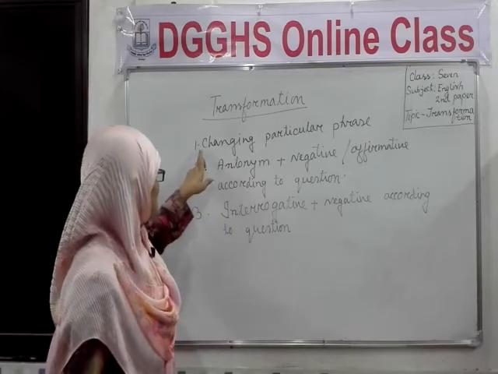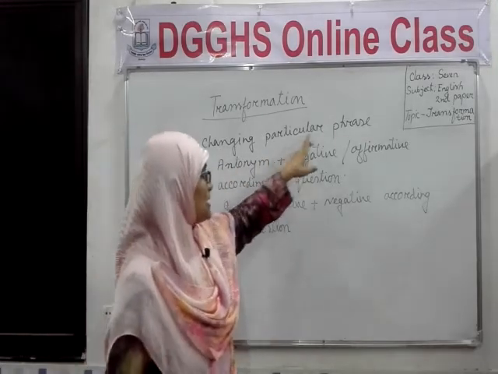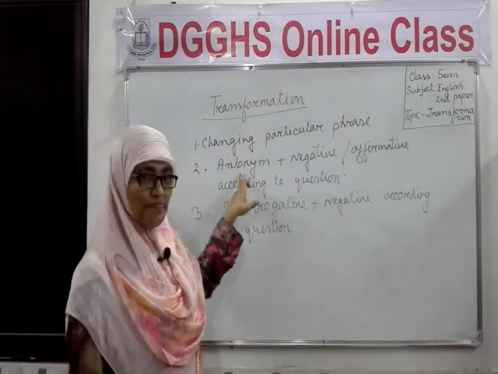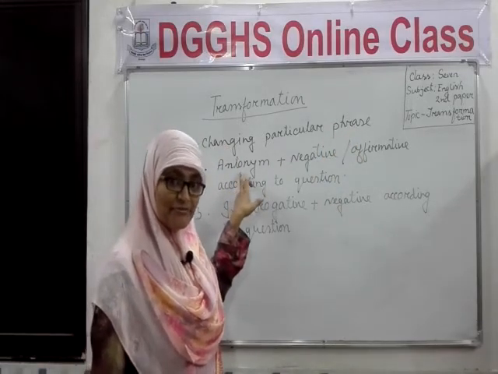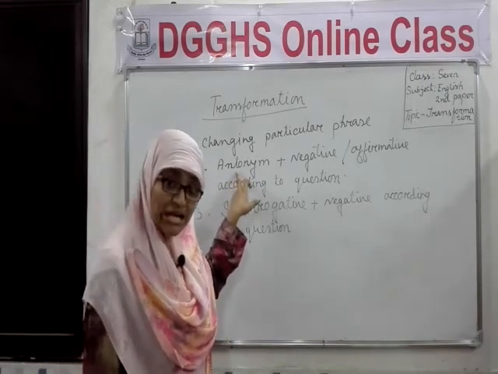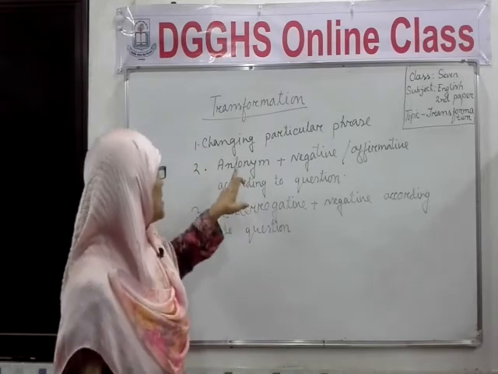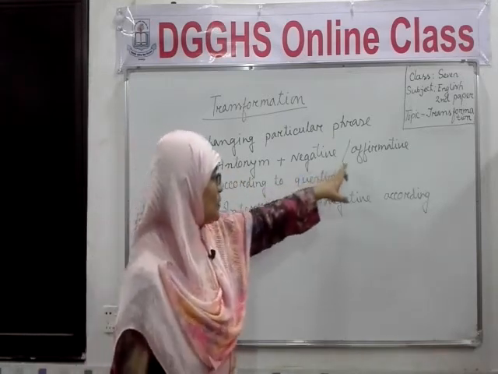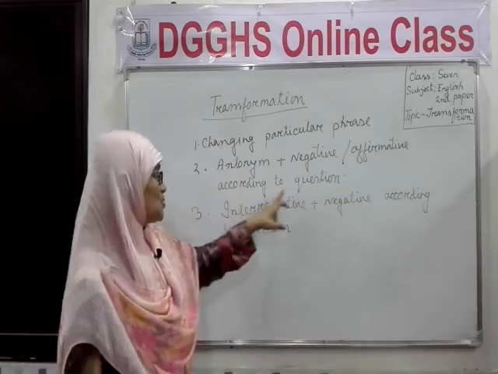And number 1 is changing particular phrase. Number 2, antonym. I think it will be better for you to make clear the meaning of antonym. বিপরীতার্থ শব্দ, বিপরীত শব্দ, negative, oblique affirmative according to question.